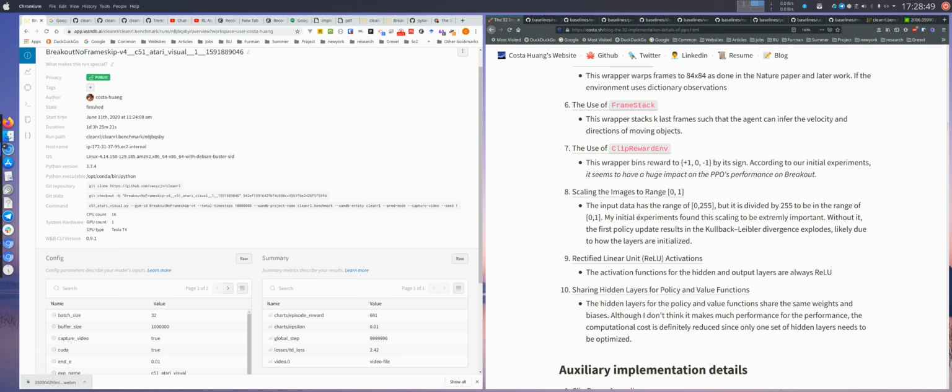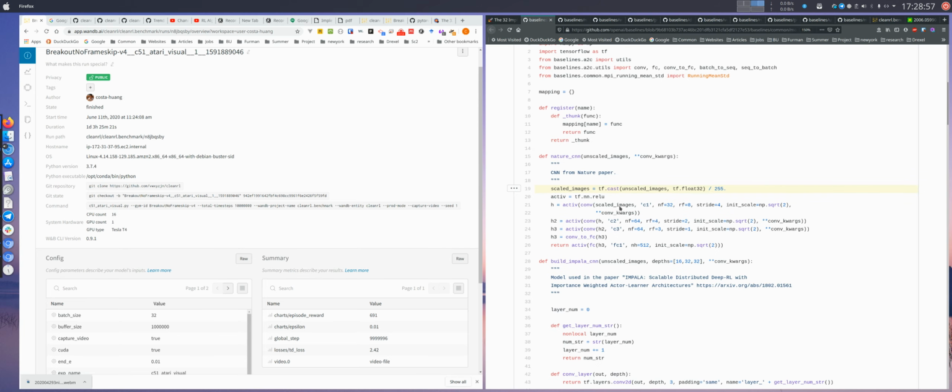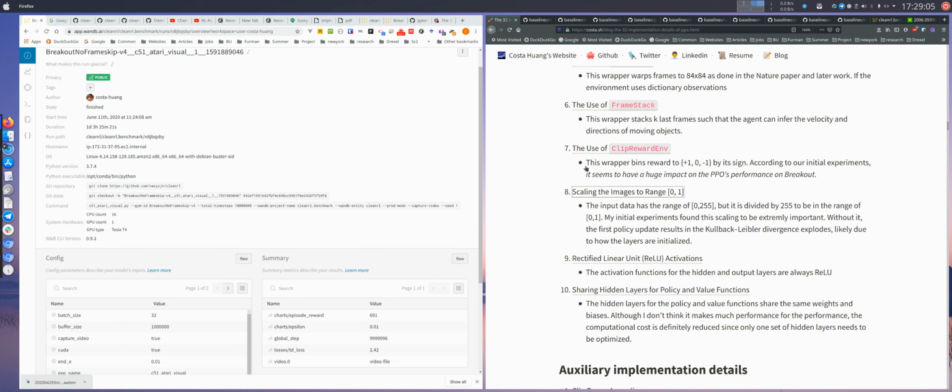Also, the input data has a range from 0 to 255, but it's usually divided by 255 to fit the range of 0 to 1. In particular, when you build the neural network from OpenAI baselines, it transforms the images by dividing by 255. In my initial experiments, which at this point might not be true anymore, I find the scaling to be extremely important.